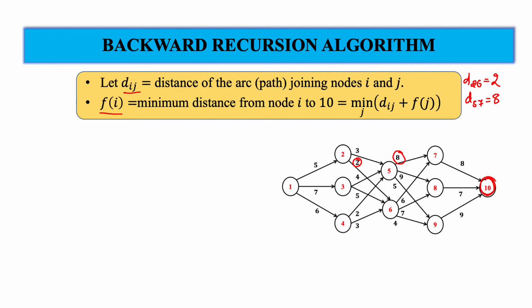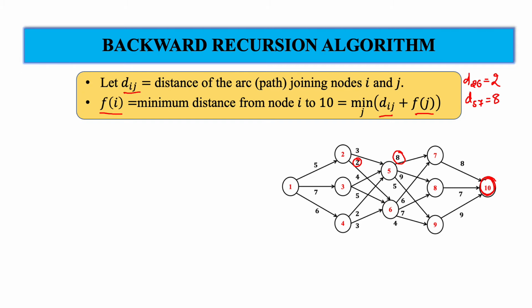So basically how can you write it? From 5 to 7 plus minimum distance from 7 to 10, 5 to 8 plus minimum distance from 8 to 10. So F8 is there and this is D58. So you will minimize over all the j's. Minimum of all the j's you will find out.